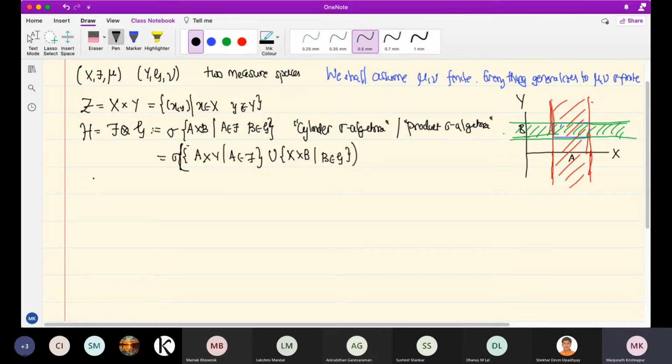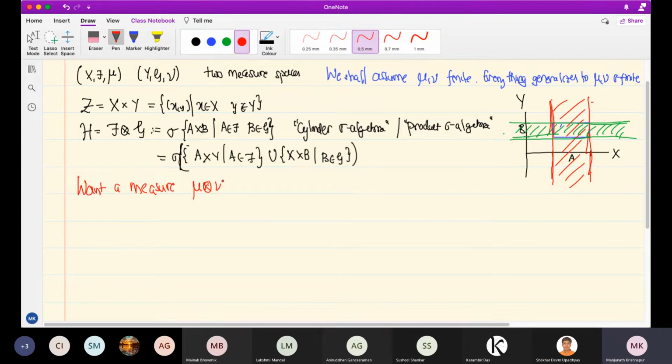So the question is, these two are clear. The measure structure is clear. What is not clear is what the measure is. What we want is a measure, say denoted, we can call it the product of mu and nu.